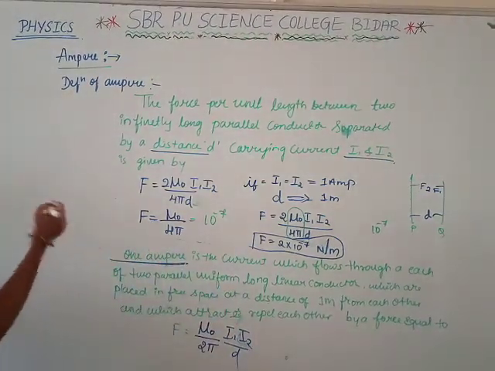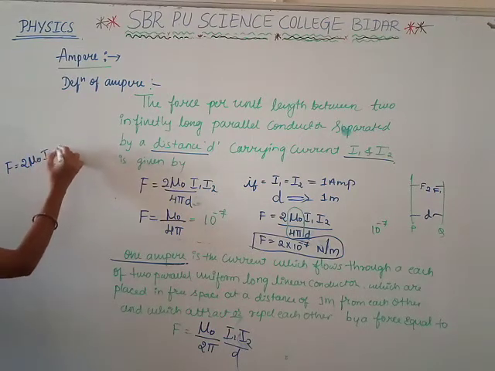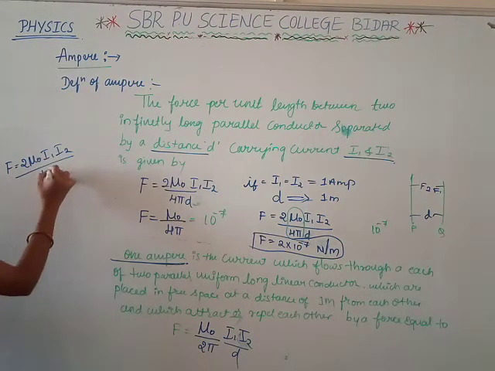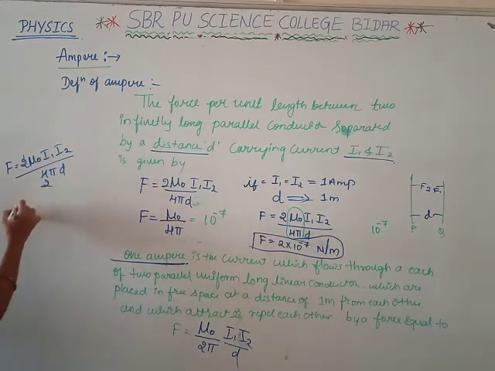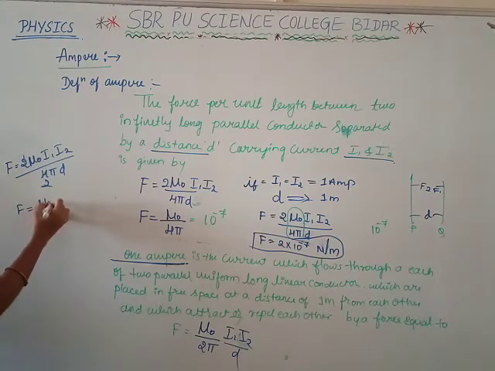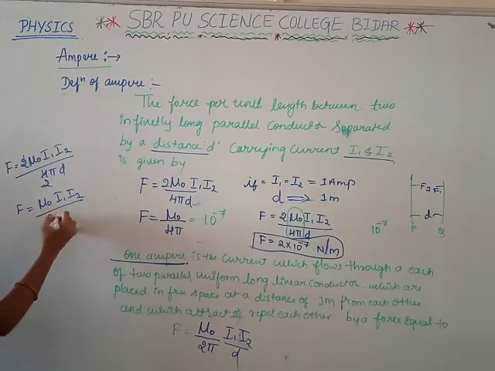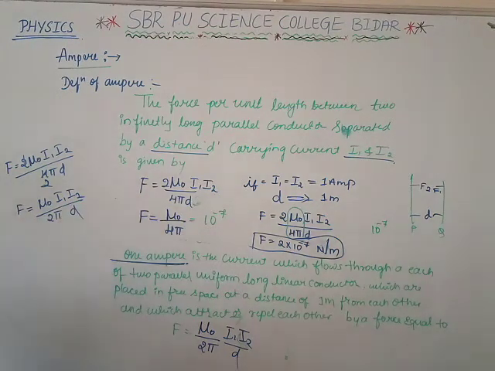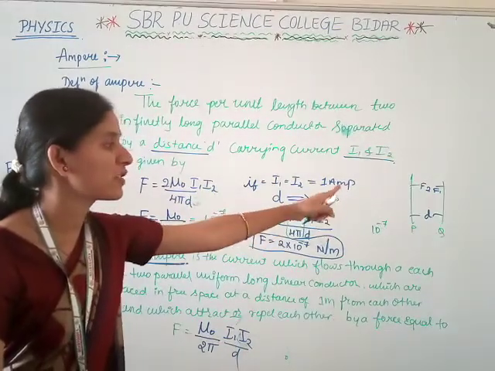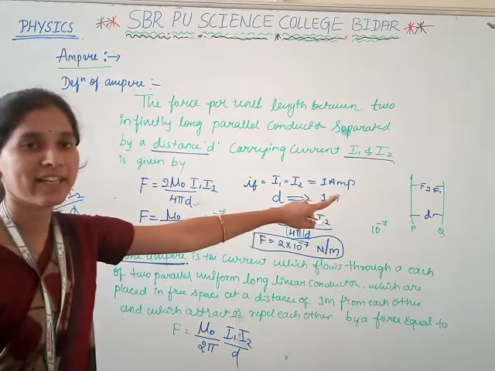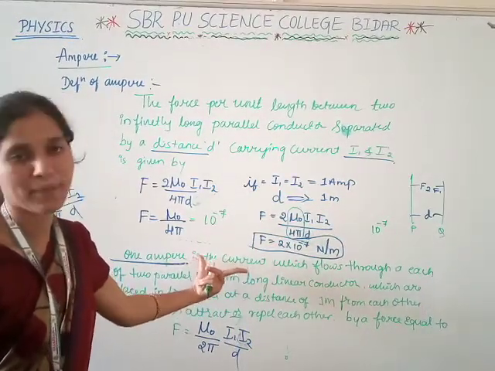We have a general formula, that is F is equal to 2 into mu naught I1 into I2 divided by 4 pi d. Okay. That is F is equal to mu naught into I1 into I2 divided by 2 into pi into d. When the distance between two parallel conductors is 1 meter, the current flowing through two long straight parallel conductors which may attract or repel, that is called 1 ampere.